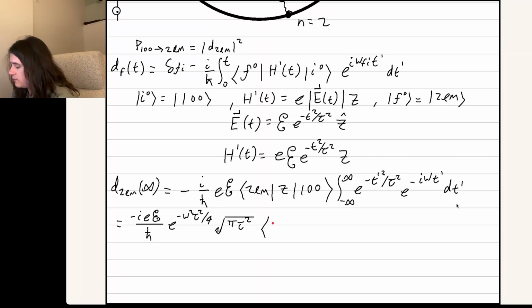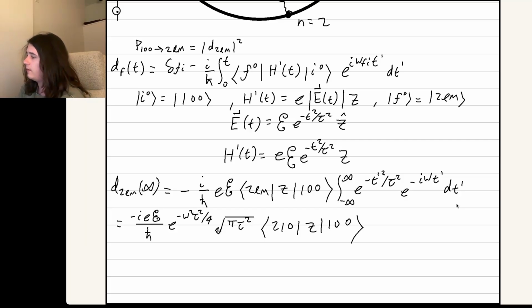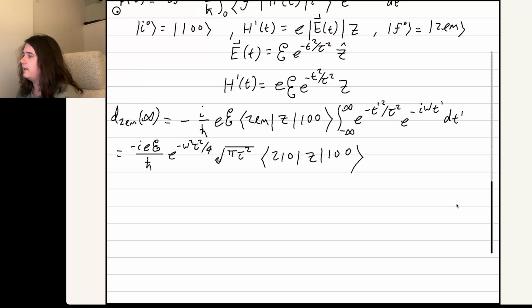Because of selection rules, the only non-zero matrix element here is actually bra 2, 1, 0, z, ket 1, 0, 0. And we're going to have a time figuring out what that matrix element actually is. We're going to do it the old-fashioned way, Griffiths style.